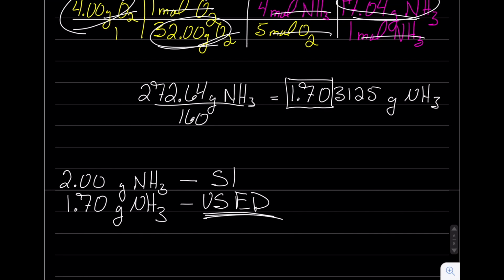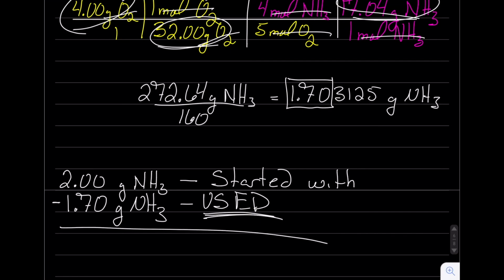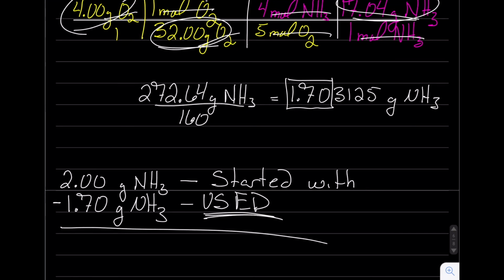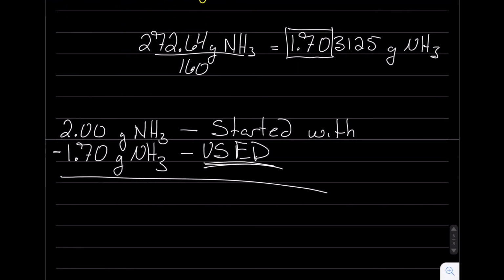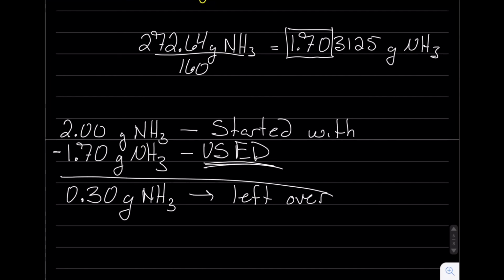That's how much we started with. We used 1.70 grams of NH3. So to figure out how much remains, we just subtract those. And that gives us 0.30 grams NH3. That is how much is left over, or how much remains after the reaction.